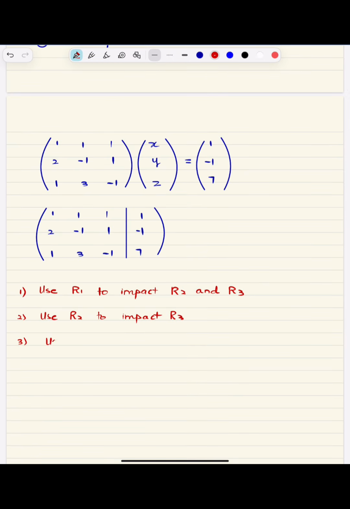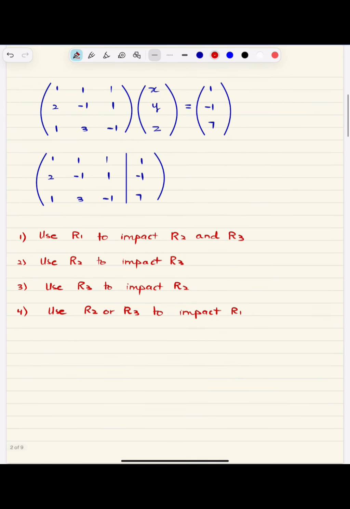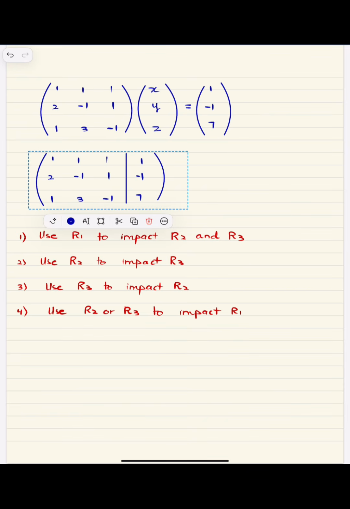Then you want to use row 3 to impact row 2. And then you could either use row 2 or row 3 to impact row 1. So if you follow these steps, it's going to be very easy to get the row reduced echelon form. Okay, so let's do this.